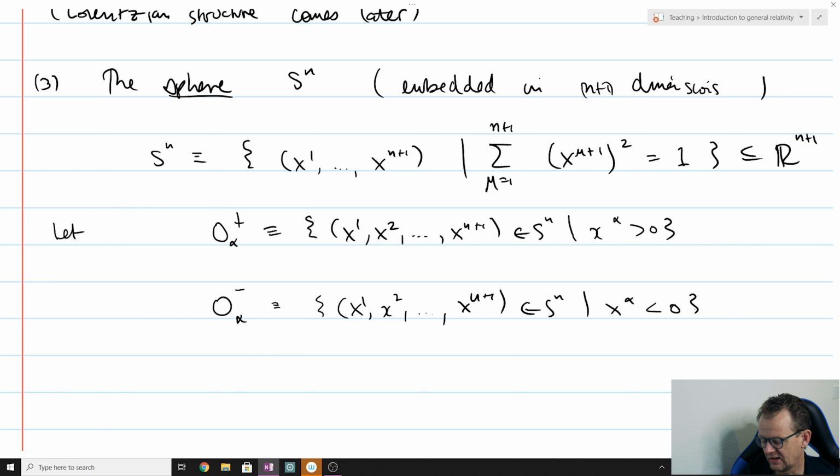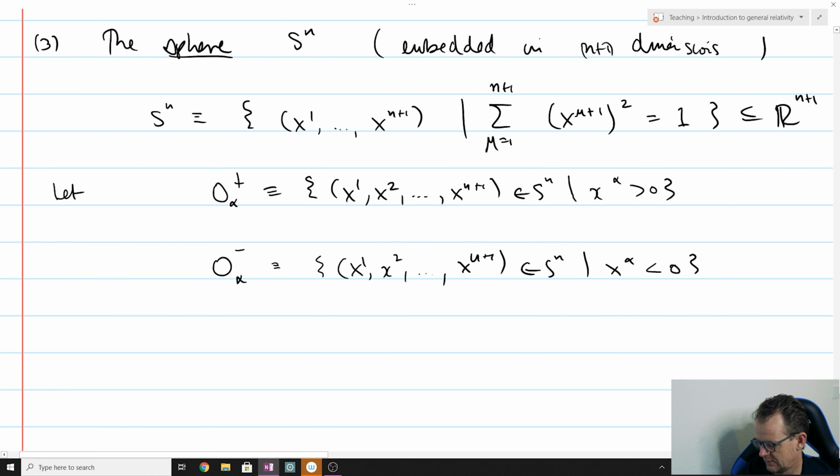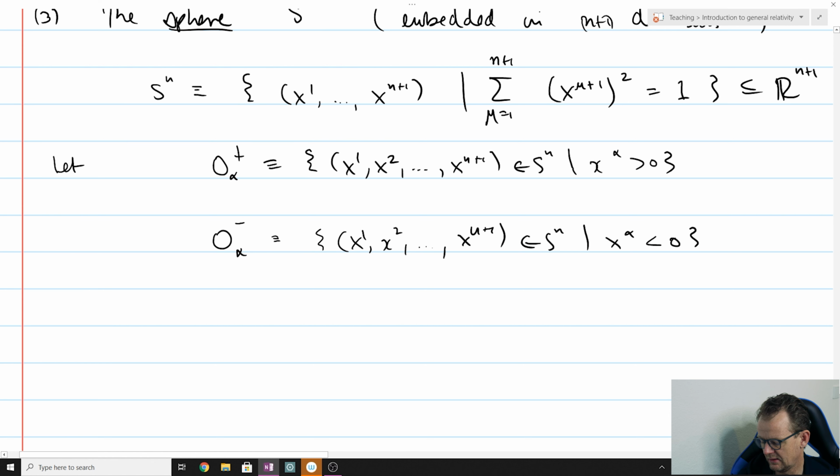Okay, these sets cover the sphere, so how many of these sets are there? Well, there are 2(n+1) such sets, right? You've got the upper alpha hemisphere, the lower alpha hemisphere. And how many hemispheres do you have? Well, you have n+1 coordinate axes, so you have 2 times n+1 such sets, and they certainly cover Sn.